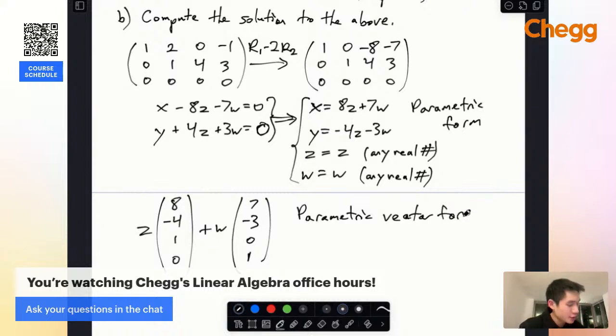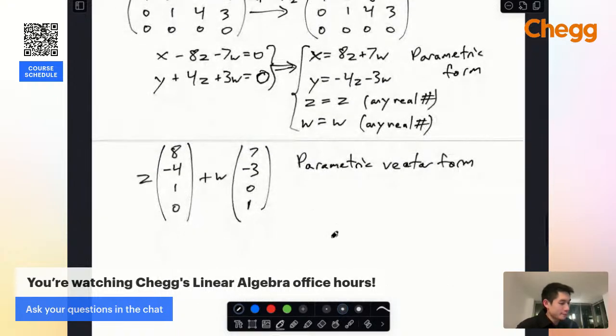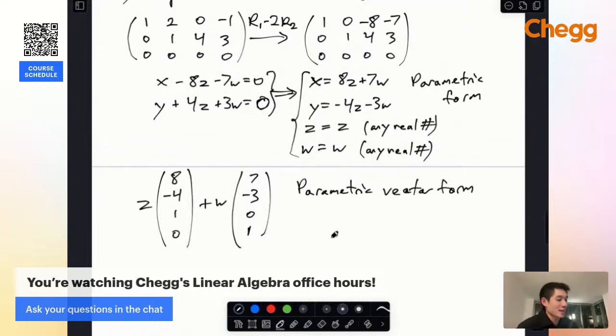On the one hand, it's parametric in the sense that I can set z and w to whatever I want, but then there's also these vectors. And so this form would also help you to visualize the solution. Well, okay, this is a bad example because it's hard to visualize a vector with 4 directions.